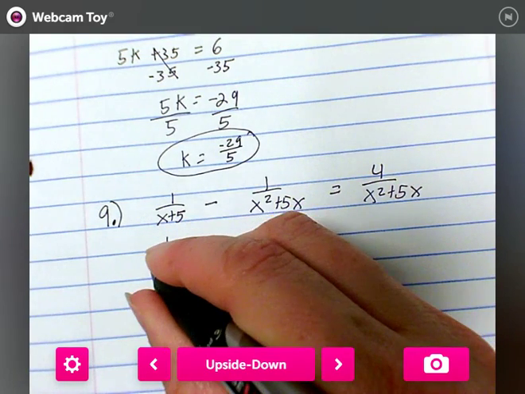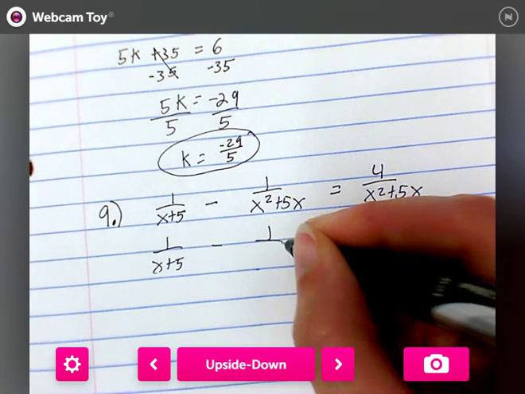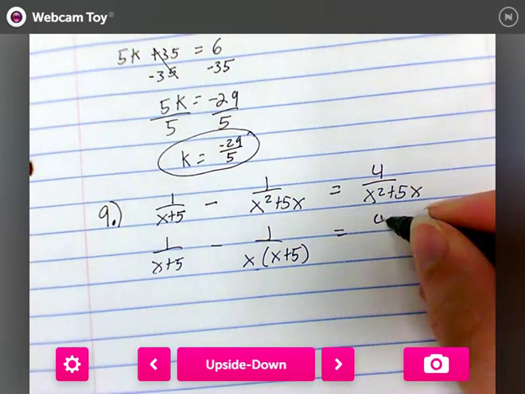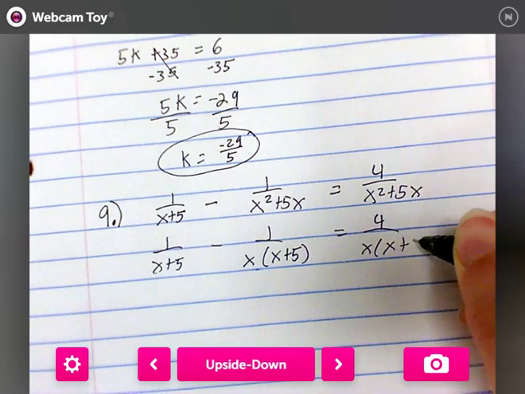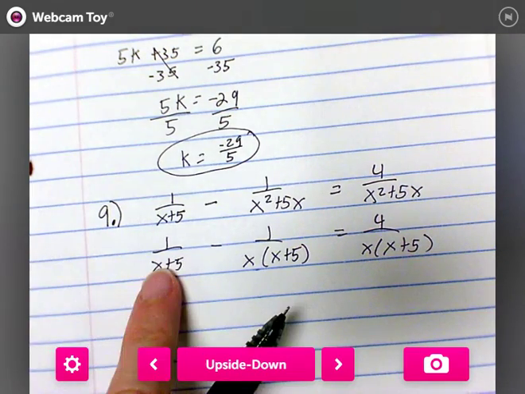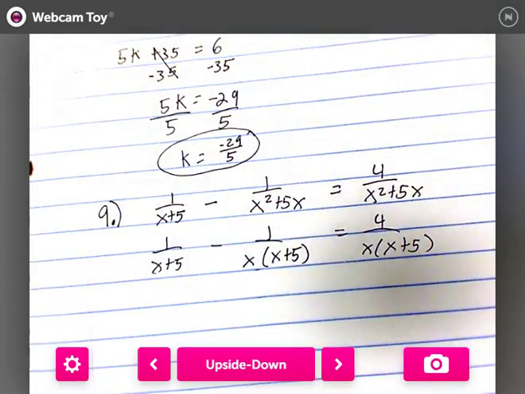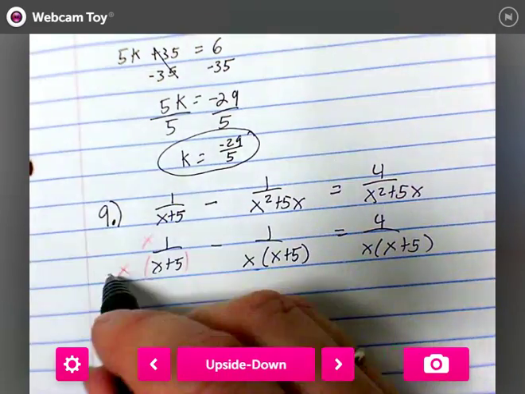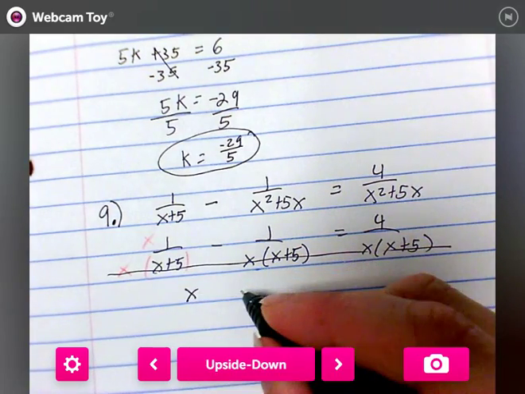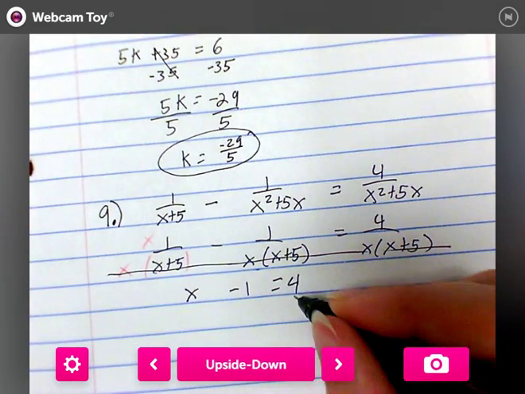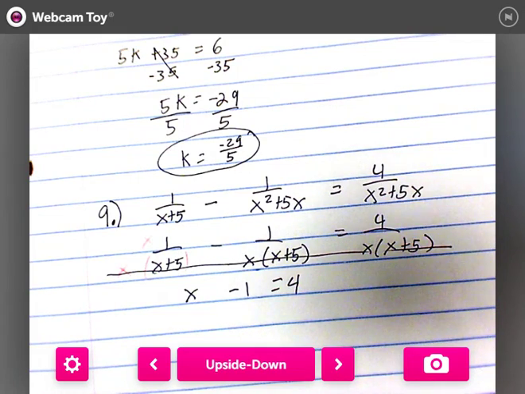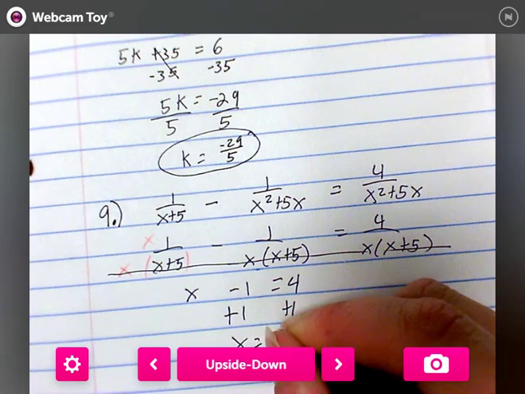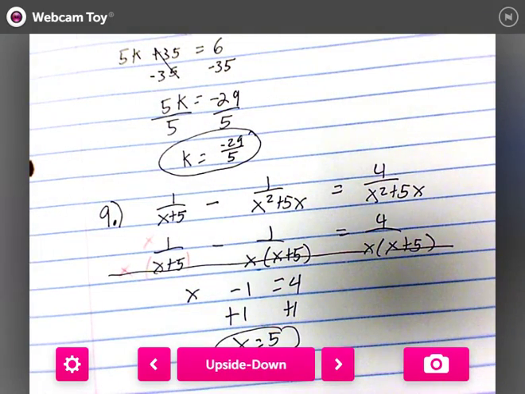So I've got 1 over x plus 5 minus 1 over, I can take out an x, x times x plus 5. So I can see that the only thing I'm going to have to multiply this first one by is a top and bottom. I'll multiply it by an x. Okay? Then I don't have to worry about the bottoms, and I can say x minus 1 equals 4. And then that's really simple, right? I'm just going to add a 1. So x equals 5. Okay?